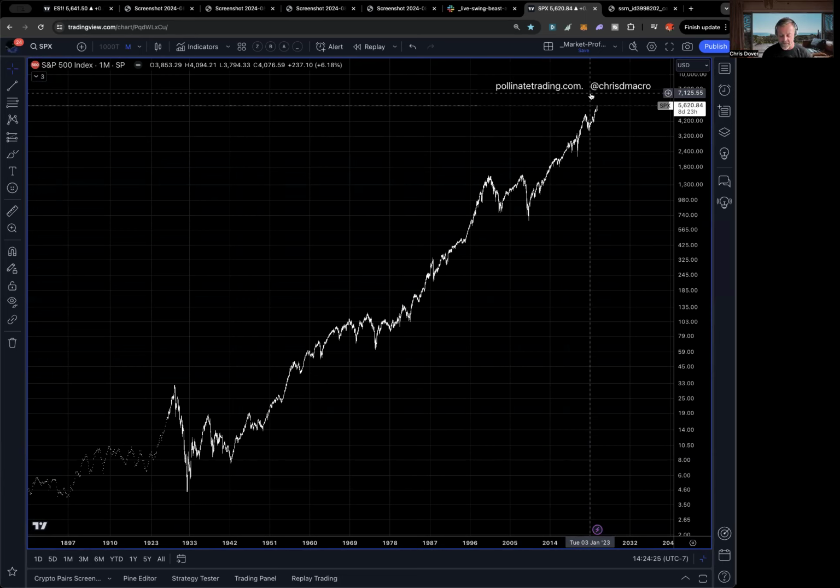And then we also have an edge that if we were to buy on the close and sell on the open, there is a slight edge there. So we kind of stacked two edges there.